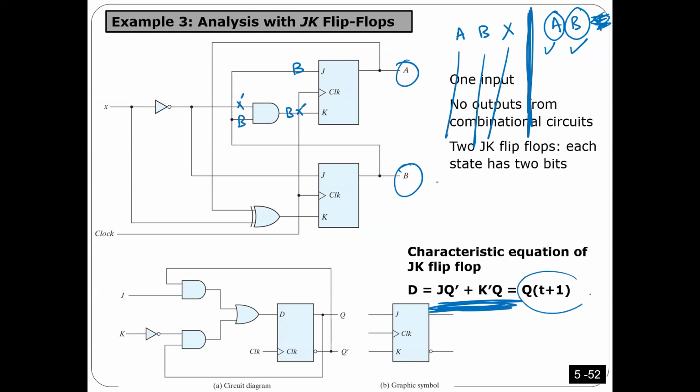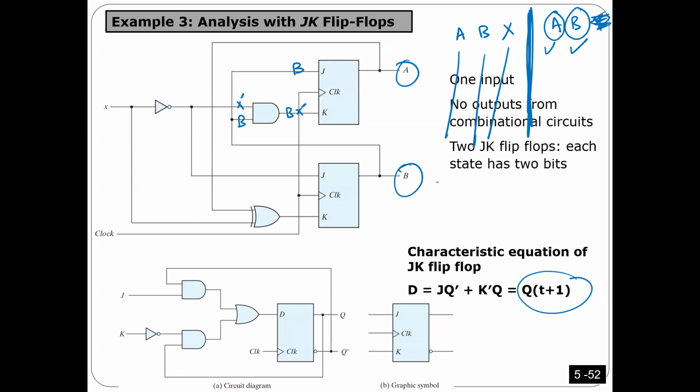Now this is the characteristic equation: the new value for Q should equal J Q prime plus K prime Q. Q here is A. Any Q here is A. I just call it A because I have two flip-flops. If I say Q, I don't want to say Q1 and Q2.